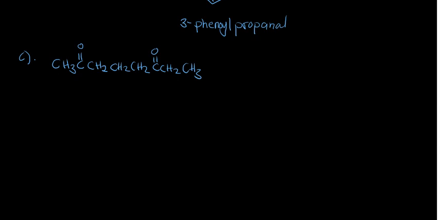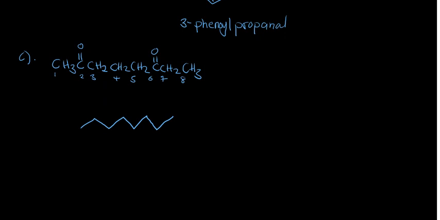Still, if you can't see the functional group, draw it in a line method. Provided you count the number of carbons, here we have 1, 2, 3, 4, 5, 6, 7, 8. So you draw a line bond of 8 carbons.